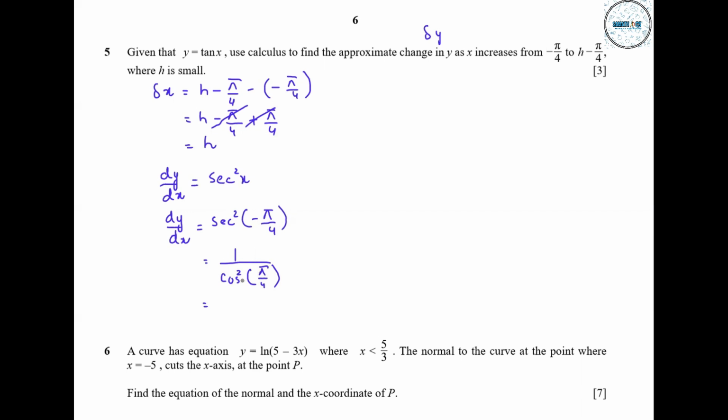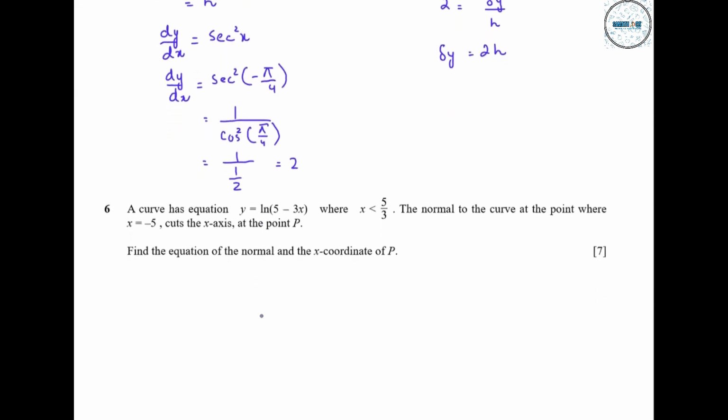The value of cos square pi upon 4 is 1 upon 2. So 1 divided by 1 upon 2 is equal to 2. So now dy upon dx is equal to delta y upon delta x. So we have dy upon dx is equal to 2, and delta y, which we have to take out, and delta x is h. So delta y is equal to 2h.